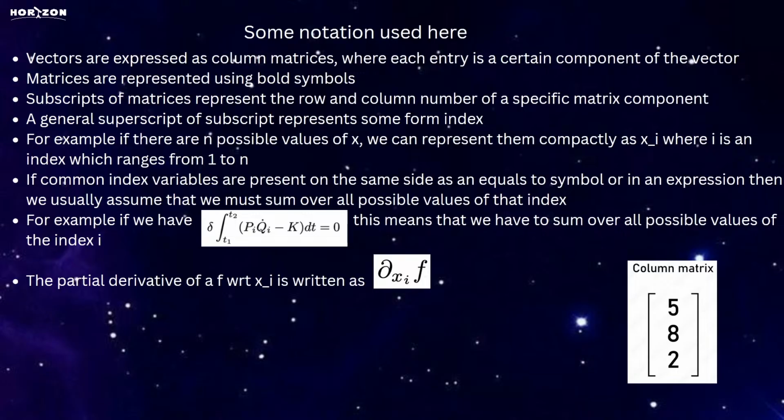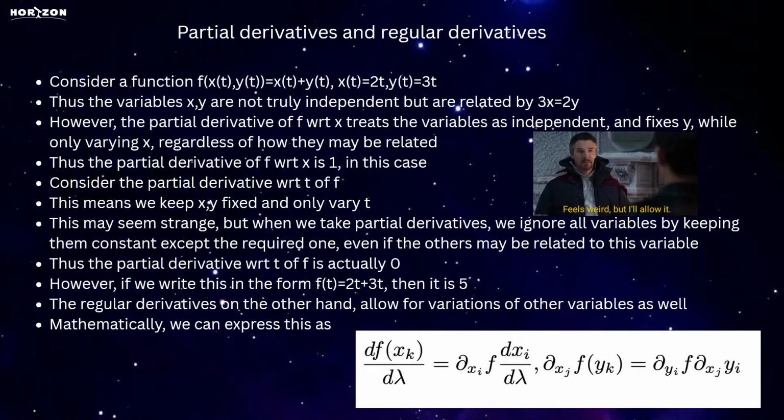Now, since I mentioned derivatives and partial derivatives, what actually are they? In simple words, a derivative is nothing but a tool to help us understand how a quantity varies in accordance with some other quantity on which it is dependent.